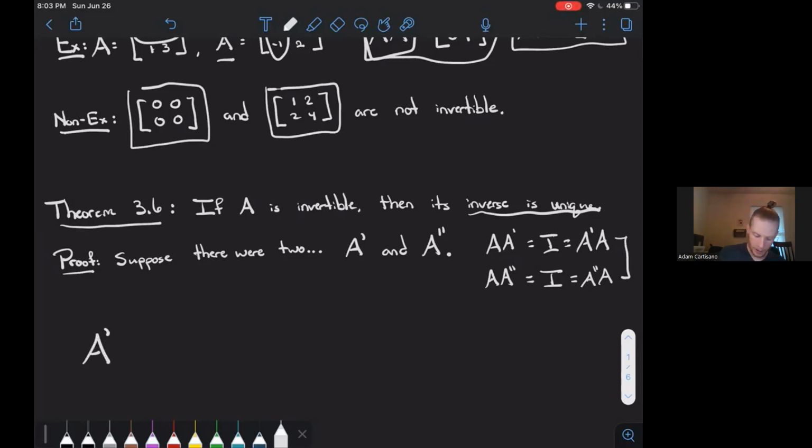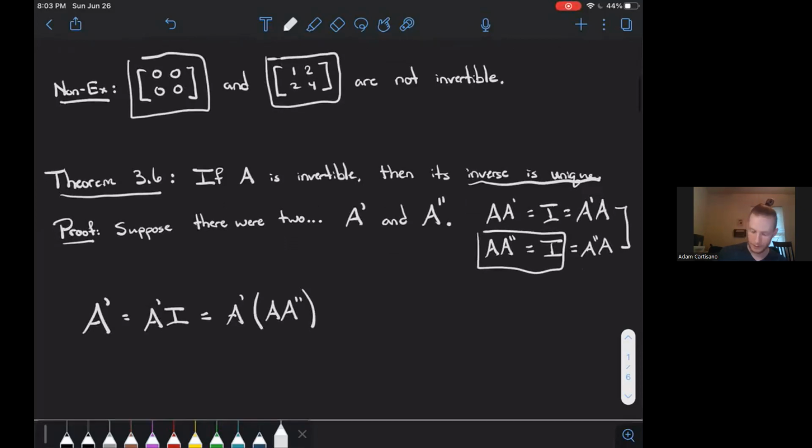Well, A prime is definitely A prime times the identity, right? But the identity, because of the equation satisfied by A double prime, we can write as A times A double prime. But by associativity of matrices, this is A prime times A, times A double prime.